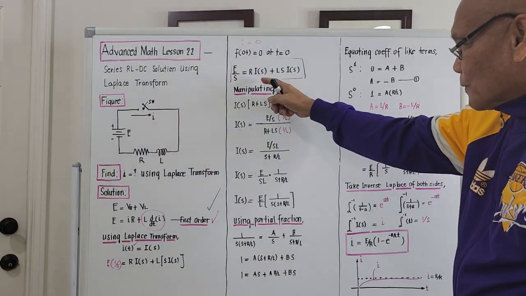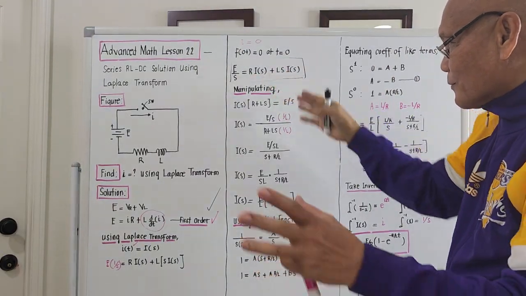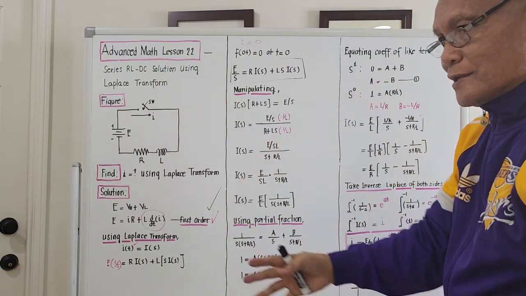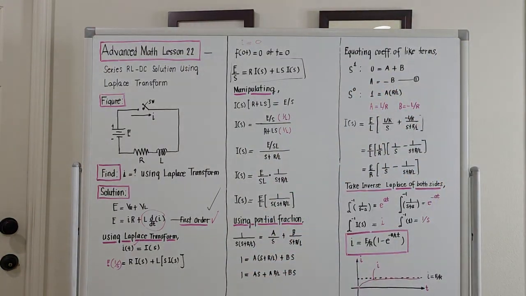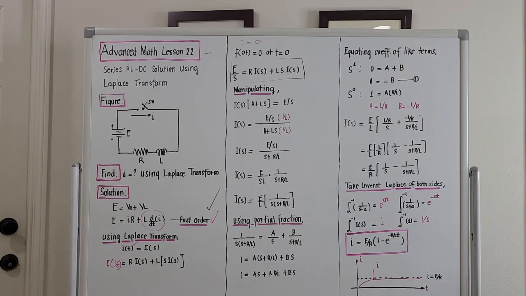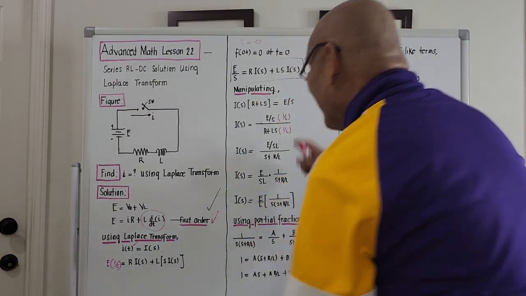So to solve for capital letter I as a function of S, we will be using algebraic manipulation. Okay? So I place it here, manipulating. Okay?